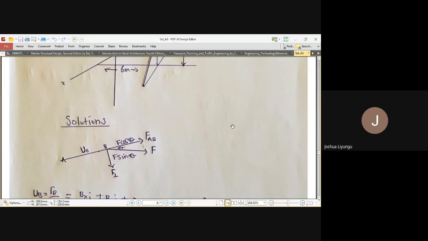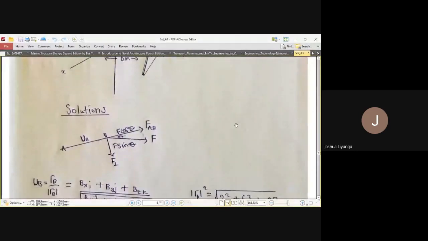So in short, the perpendicular component you get by multiplying the force itself times sine theta. The parallel component, this is how simple it is. Right?